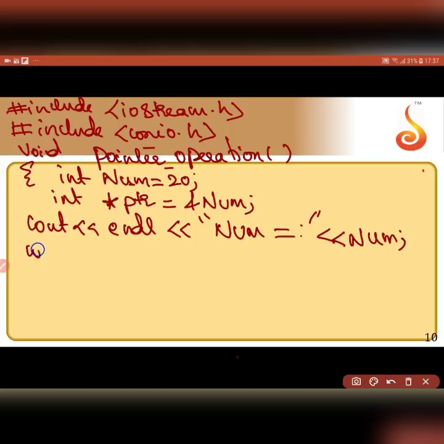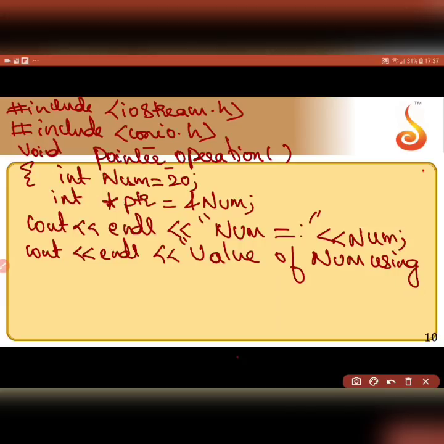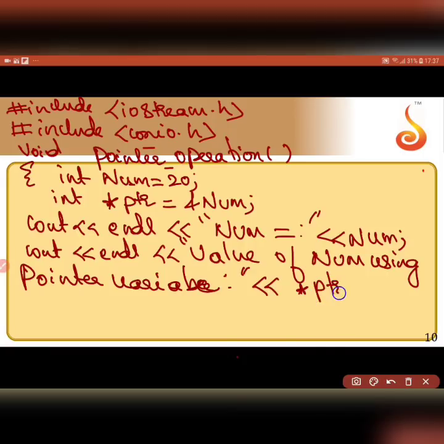After that, I need to print the value of num using the pointer also. So let me say endl, value of num using pointer variable. So how do I do that? The value of num using pointer is *ptr.